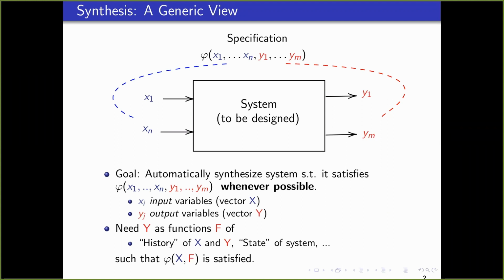In a simpler case, it could also just be the values of x at the current point of time. But in general, it could be the history of x and y.